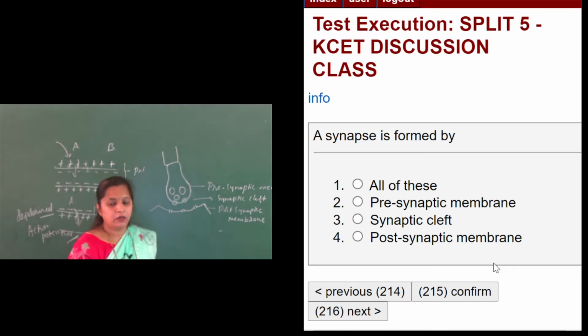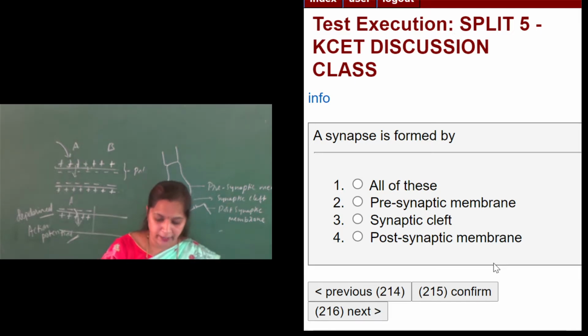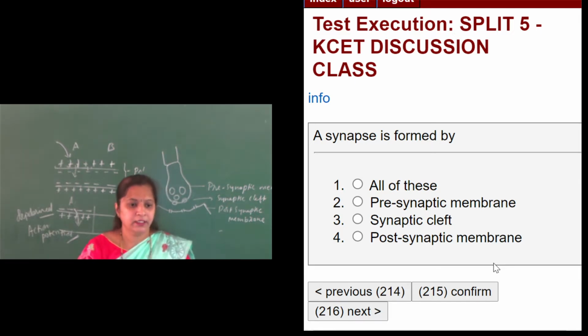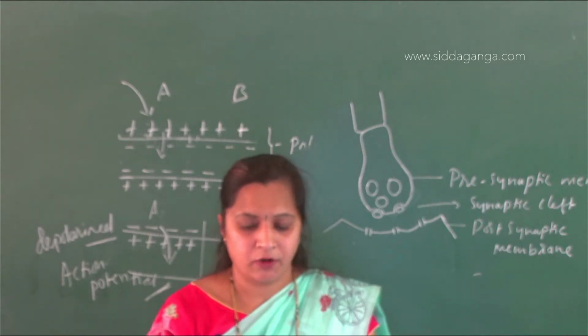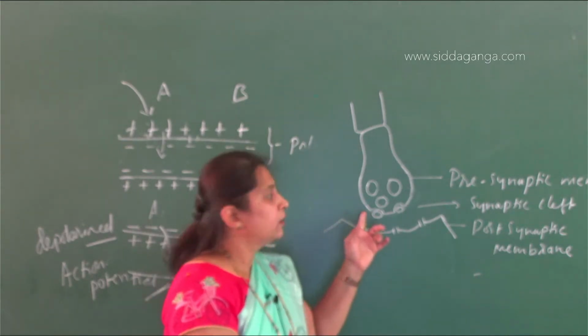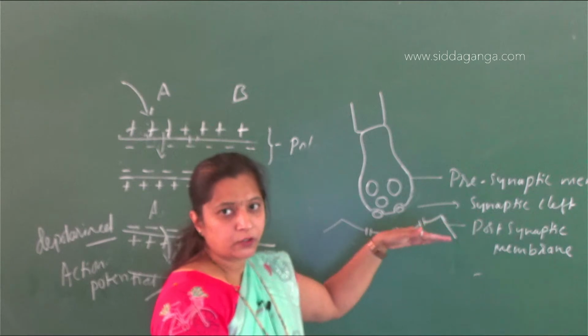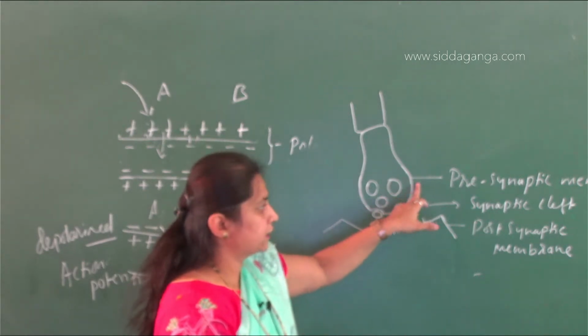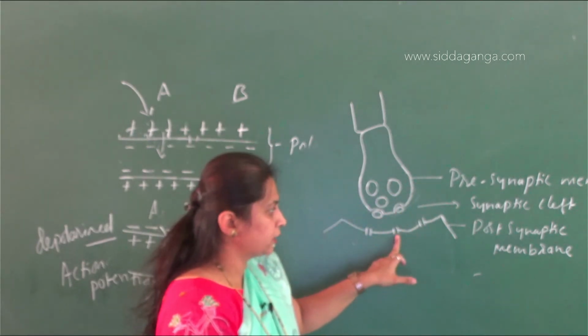So here the synapse is formed by presynaptic membrane, synaptic cleft. Sorry, listen here once again. This is the presynaptic membrane and this is the postsynaptic membrane.